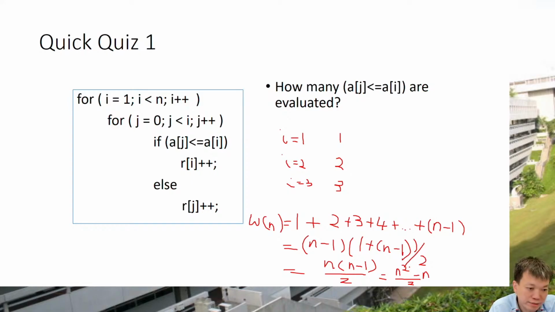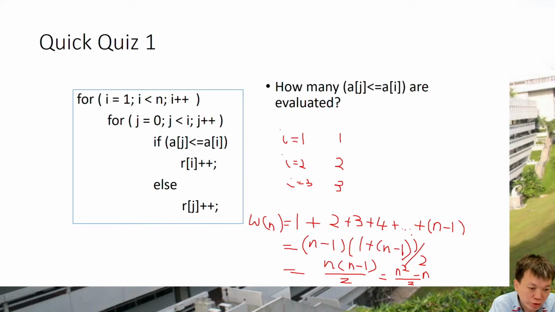Not surprisingly, to analyze this time complexity, a lot of the time you need to use series. Maybe not only arithmetic, maybe geometric series, depending on how the loop changes. Every iteration, how your condition and your increment change, then the series will be different. That's why, again, I keep saying that you need to revise your mathematics, especially the series part.